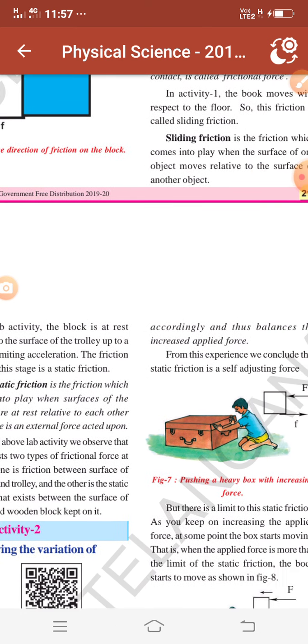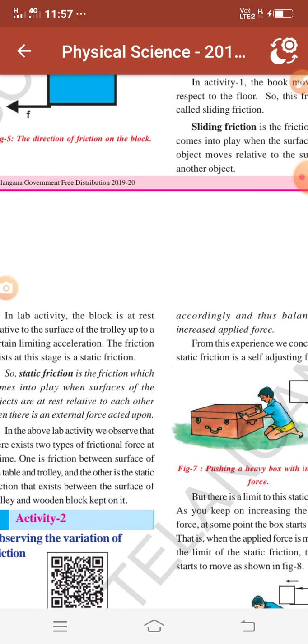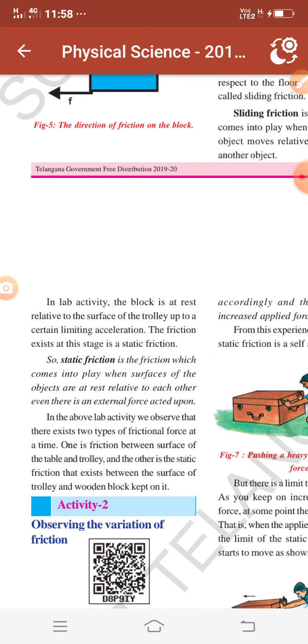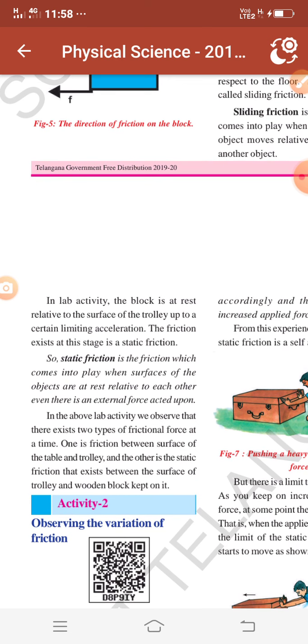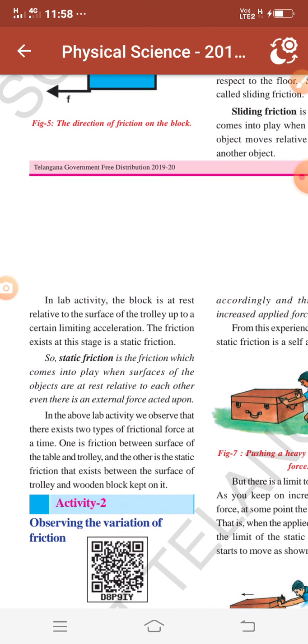In this lab activity, we observe that there exist two types of force. One is friction between the surface of the table and the trolley, and another is static friction that exists between the surface of the trolley and the wooden block kept on it.